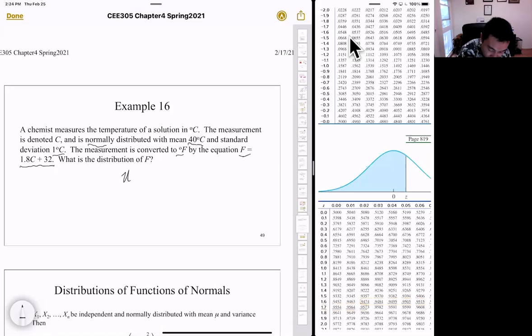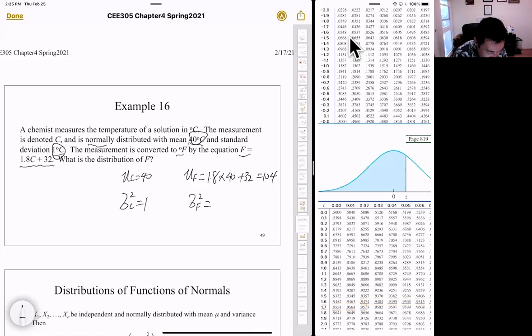The mean value for C is 40, and the variance for Celsius is 1. So the mean value for Fahrenheit will be 1.8 times 40 plus 32. That is 104.